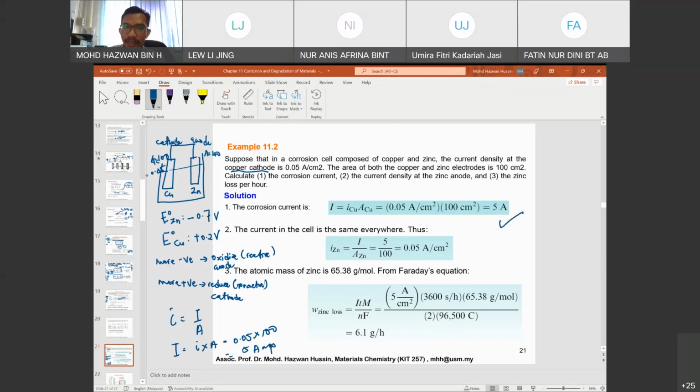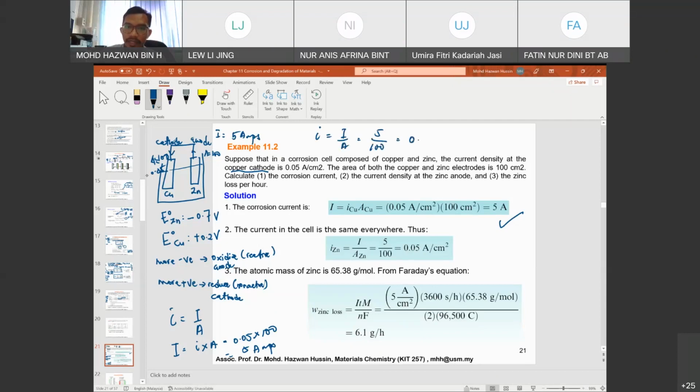Current density at the zinc anode. The current value produced from anode to cathode is 5 amperes. So the question now is what will be the current density at the zinc anode? Current density, still the same, current over area. So 5 divided by area, 100.